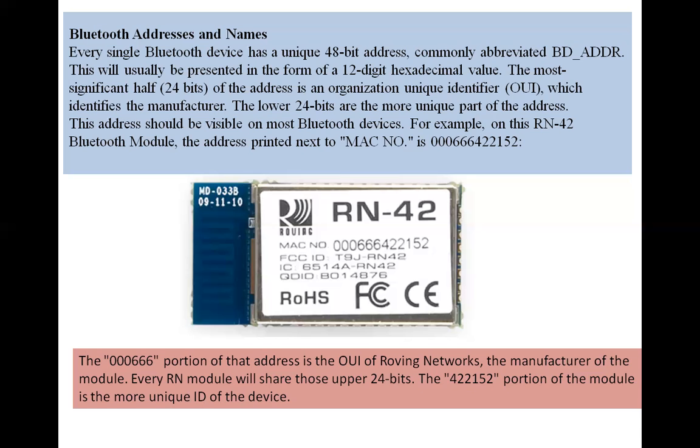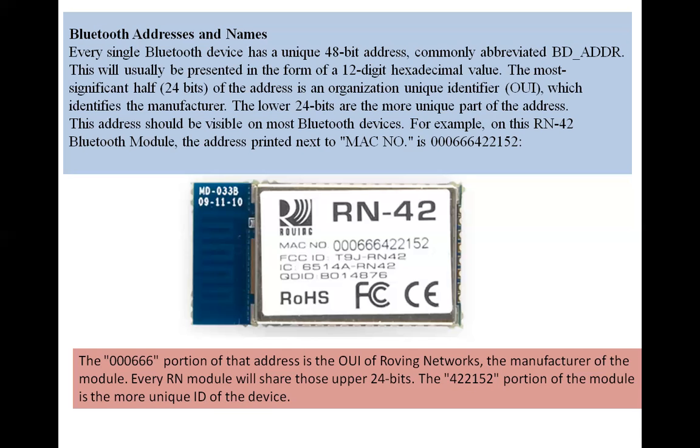For example, RN42 Bluetooth model. The address printed next to MAC number is 000666422... Here the 000666 portion of that address is the OUI of Roving Networks, the manufacturer of the model.